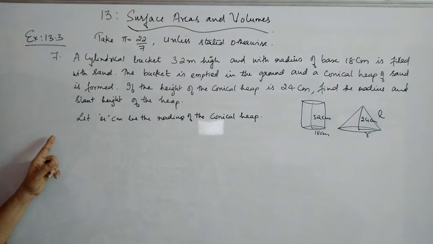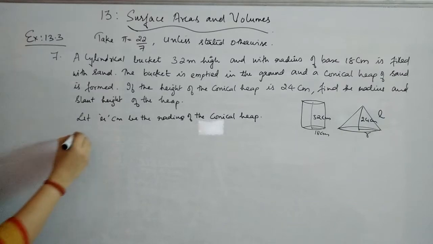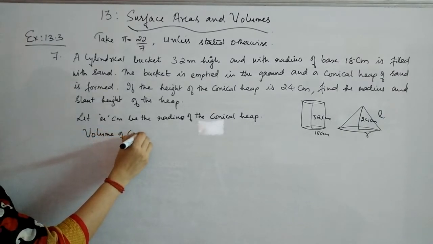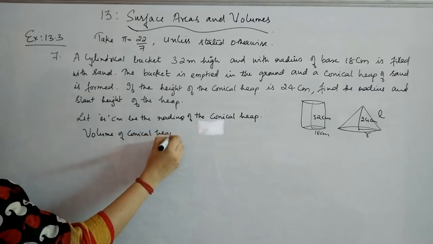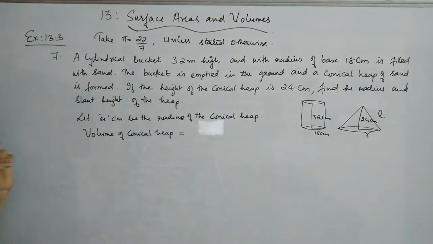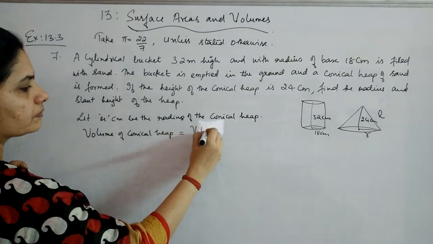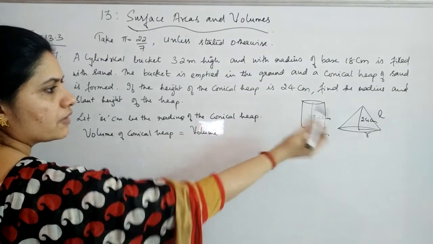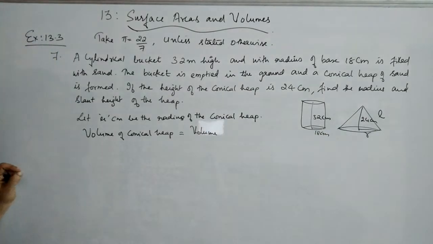Now take the volume of the conical heap equal to the volume of the cylindrical bucket. That is, how much content is contained in the bucket will be the same as in that heap.